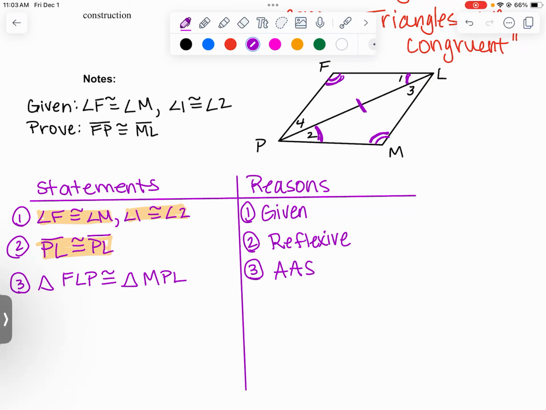Now, since we know that our triangles are congruent, notice how FP and ML are corresponding sides.